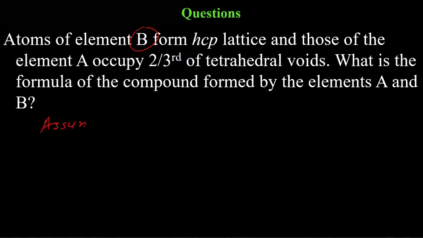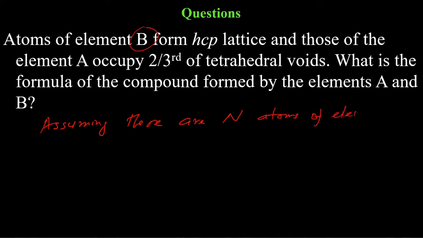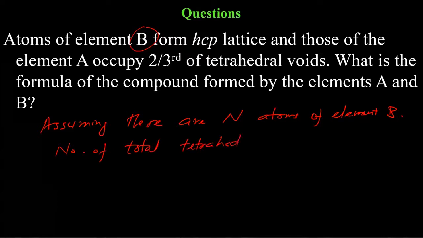Assuming there are n atoms of element B, the number of total tetrahedral voids will be twice n. 2n tetrahedral voids, they are double.